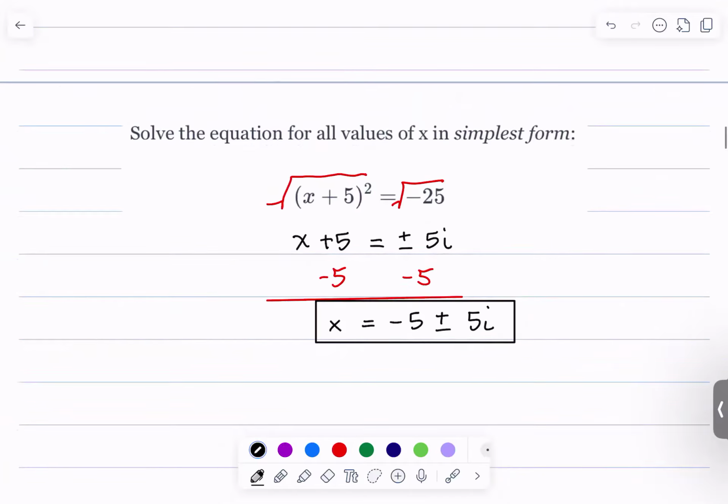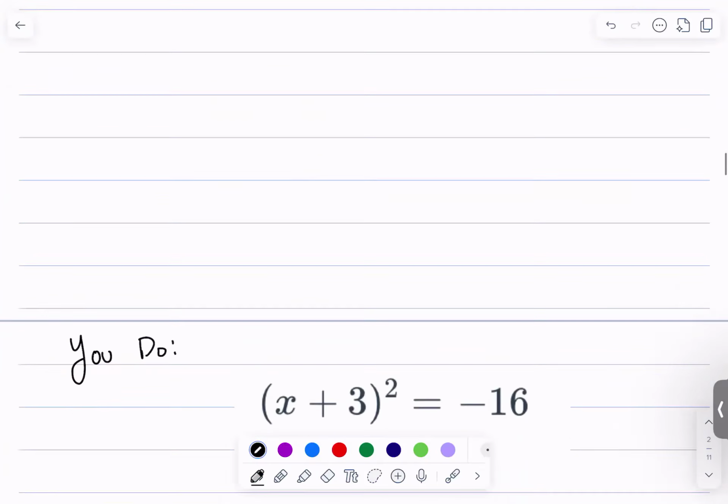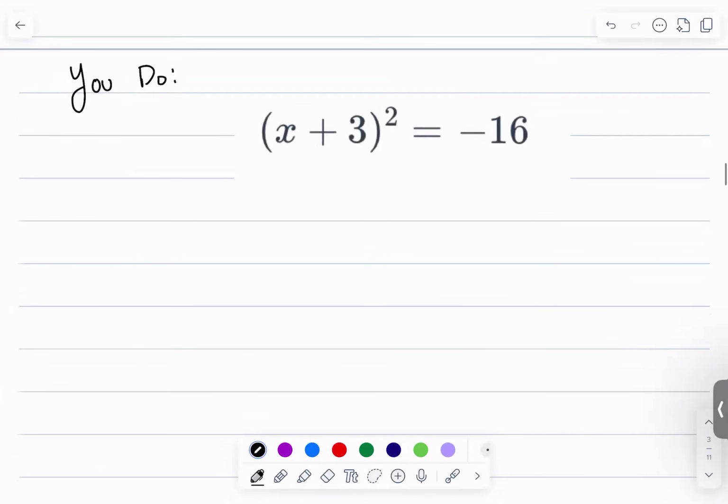All right, so what I want you to do is to try that one. Take about a minute and try it, and we'll be back. Going over this really quick: we're going to square root both sides.